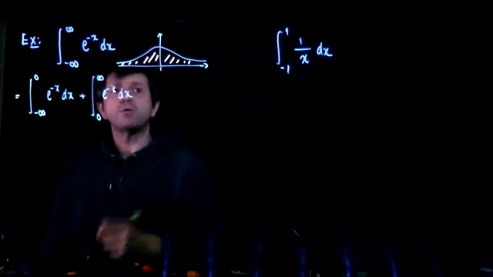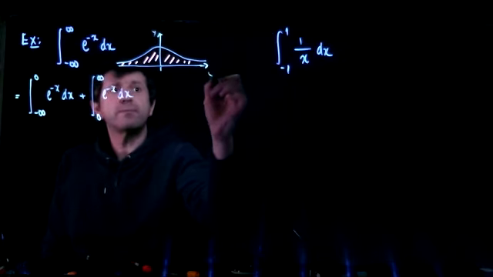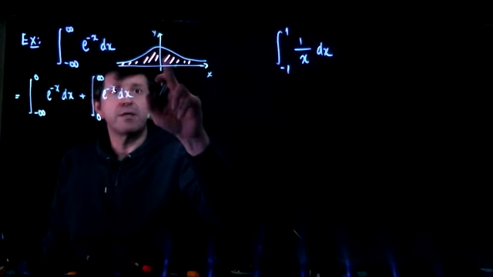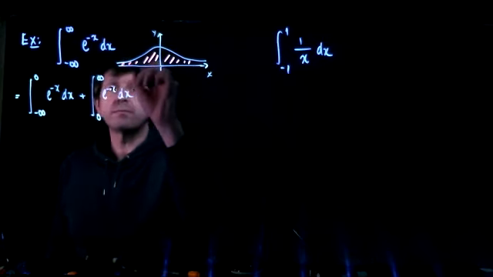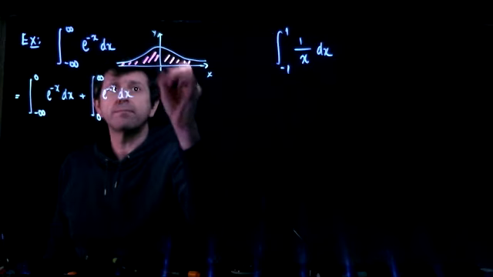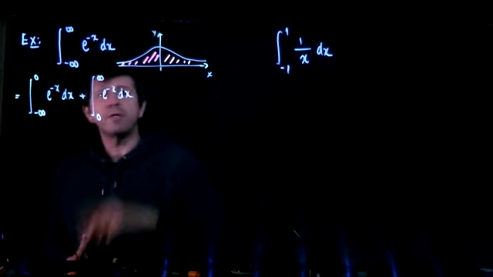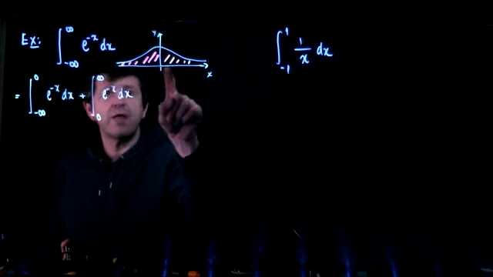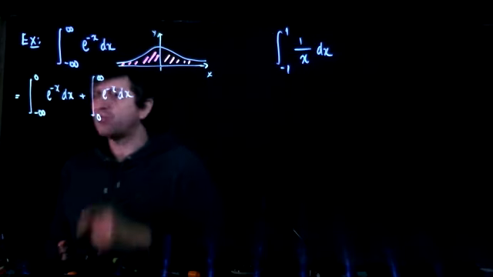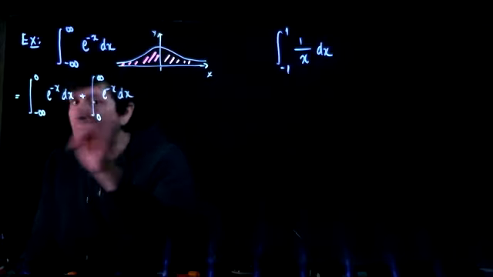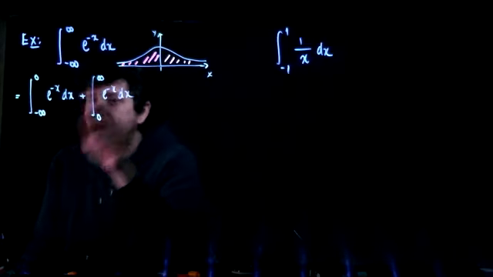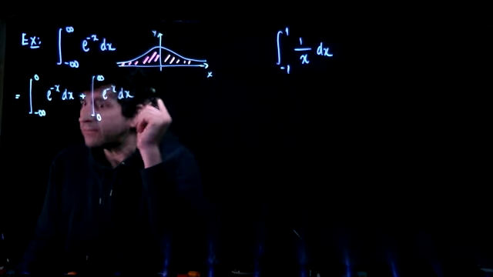So I'm separating the region into 2 parts, from negative infinity to 0, and from 0 to infinity, and adding the 2 areas. Now this becomes 2 exact same problems as the one we just did.